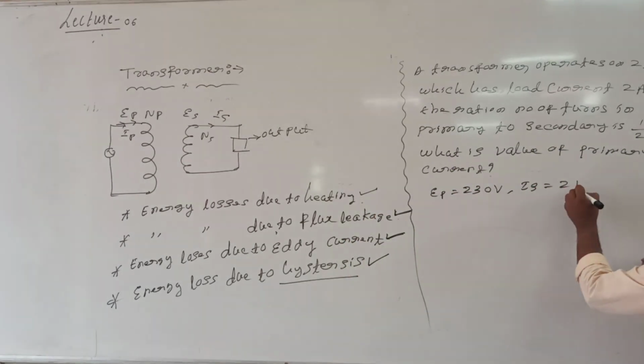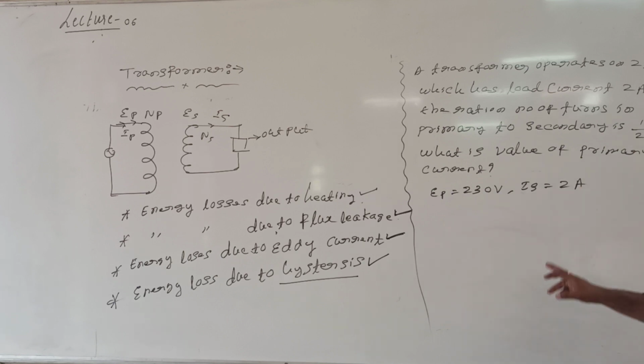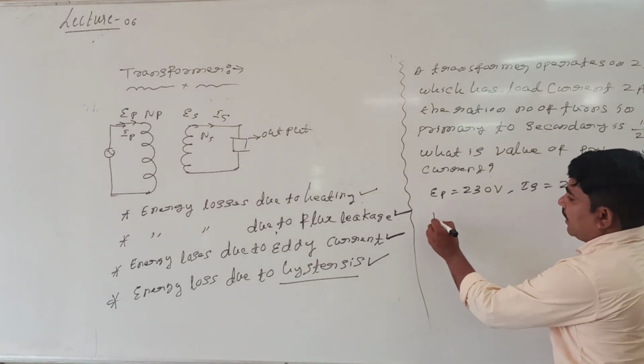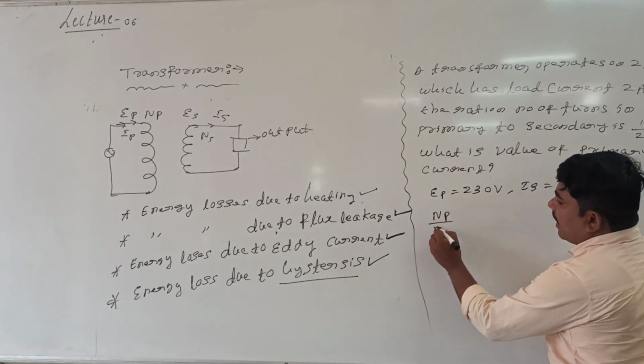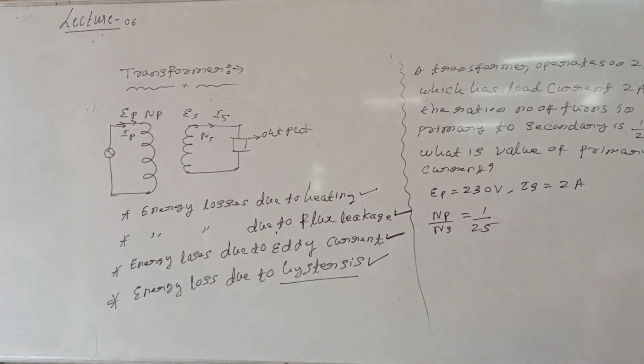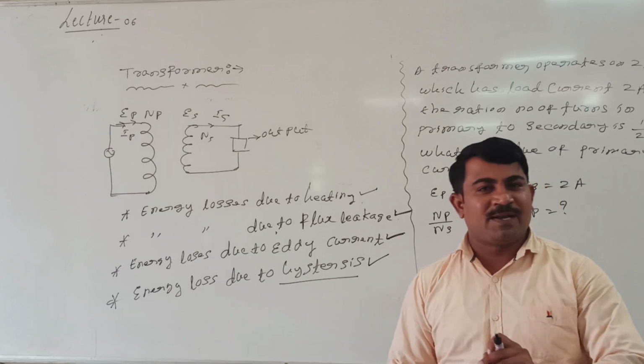Current in the secondary is equal to 2 ampere. Again, what has he given? The ratio of number of turns in primary to secondary, NP divided by NS, is equal to 1 divided by 25. What is the value of primary current? I need this value. Very simple.